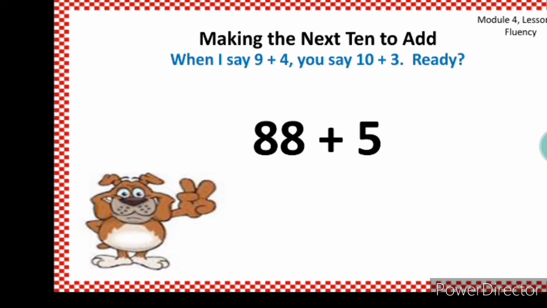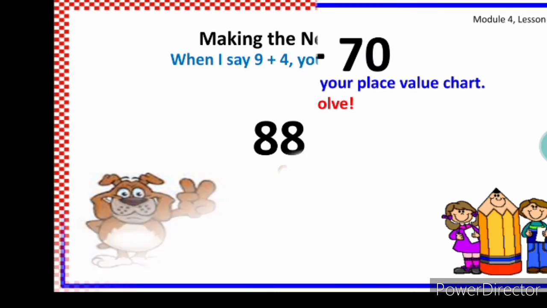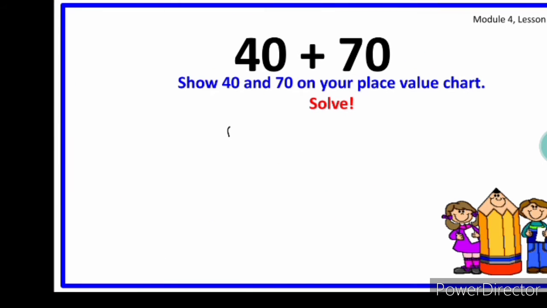So if we add 2 to 88, we get 90. So what would be left if we remove 2 from 5? 3. So we have 90 plus 3. And that will give us what? 93. Correct.